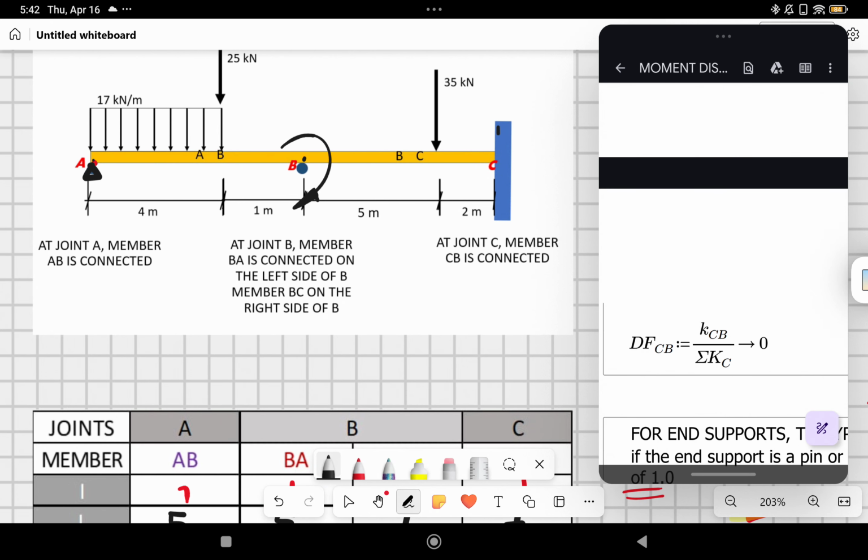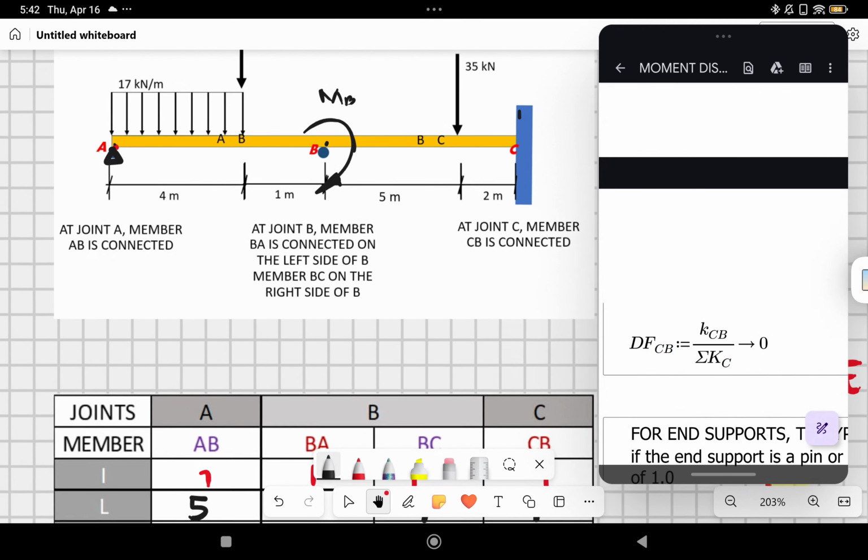Let's say MB. The problem will ask how much of that moment will be transferred to each member. So, how much moment will this member receive versus this member. That depends on the distribution factor.